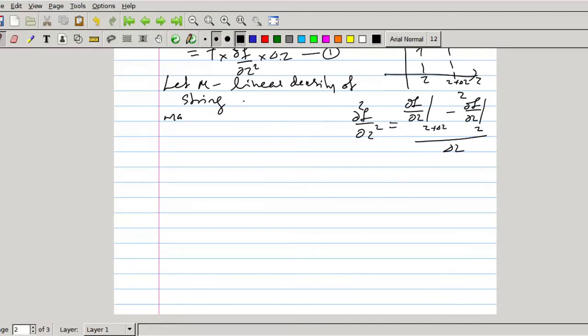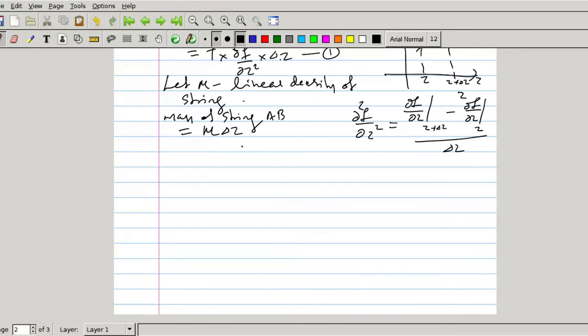So the mass of string AB, that string is named AB, will be equal to mass per unit length mu times the length of that string, delta Z. So from the total string, I am taking a small element of string called AB, which is between Z and Z plus delta Z. The length of that string AB is delta Z, mass per unit length is mu. So the mass of string AB is mu into delta Z.